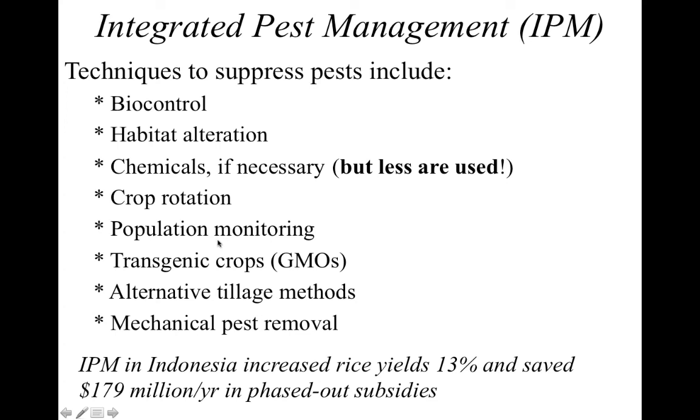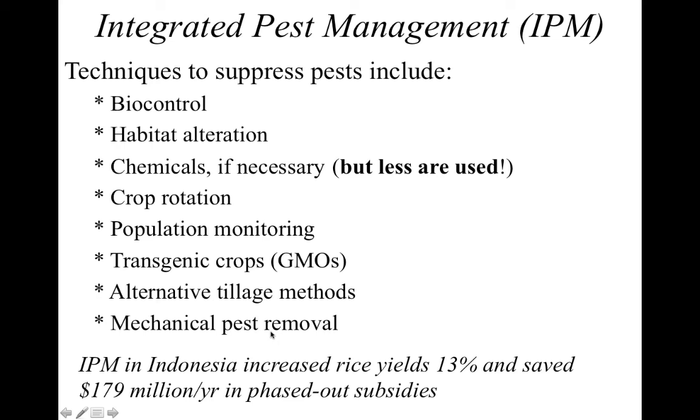Population monitoring, meaning actually quantifying the amount of pests in a field. Transgenic crops, GMOs, which are dreaded by many people, but a huge benefit is that they actually lessen the amount of pesticides that are needed. Using alternate tillage methods, and mechanical pest removal, which could literally mean just going out and picking the pests off with your hands.